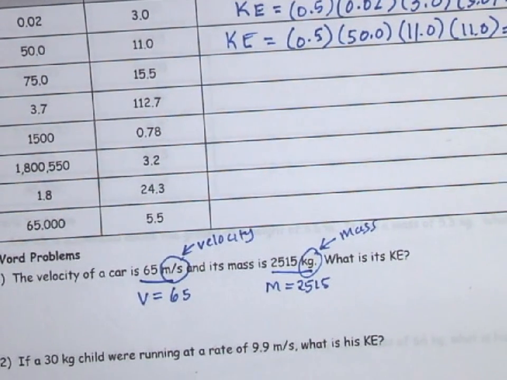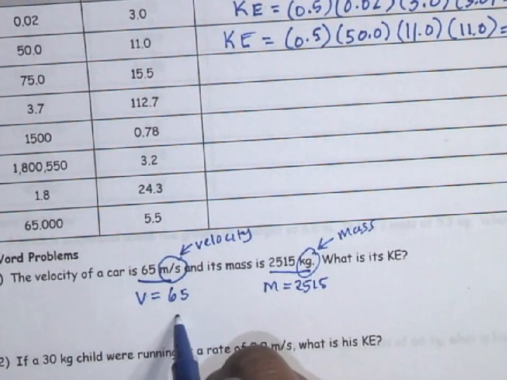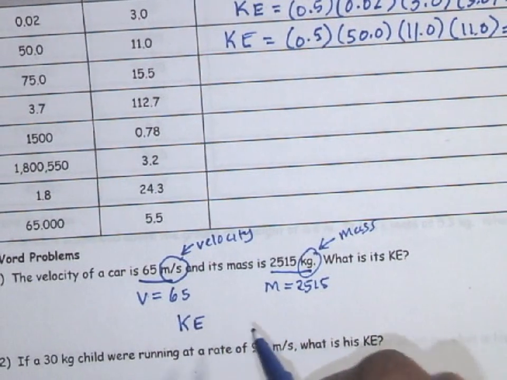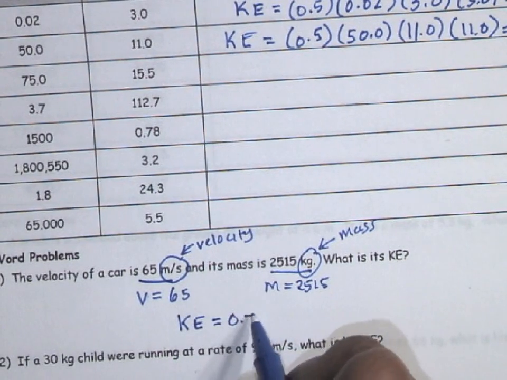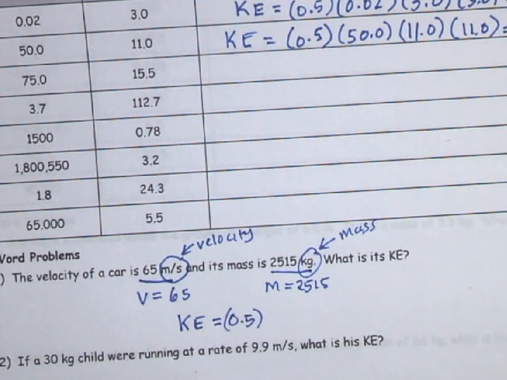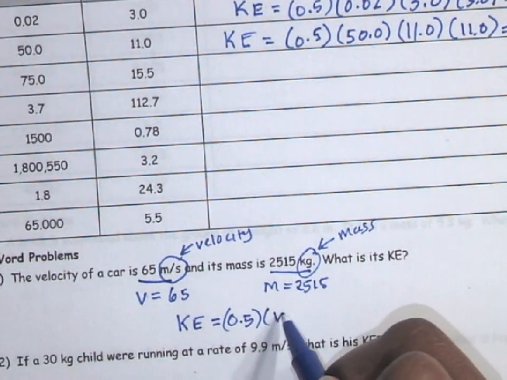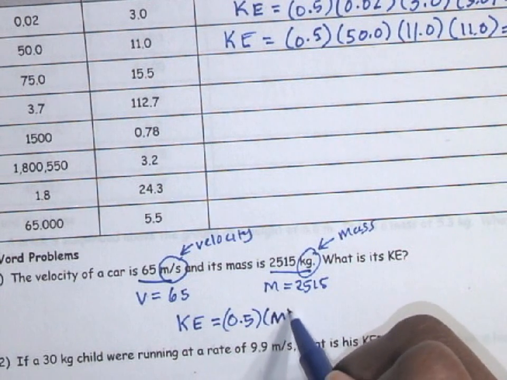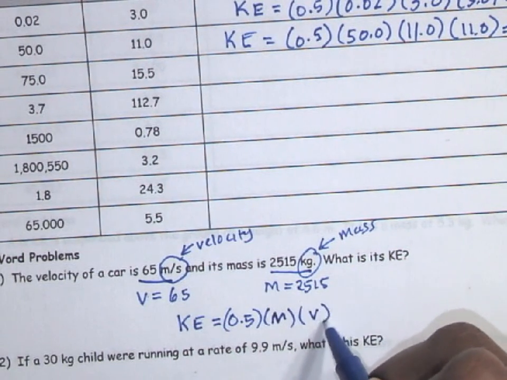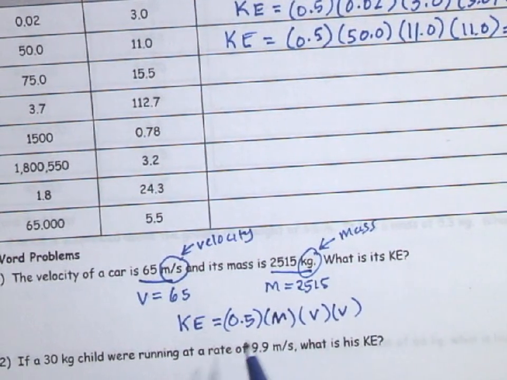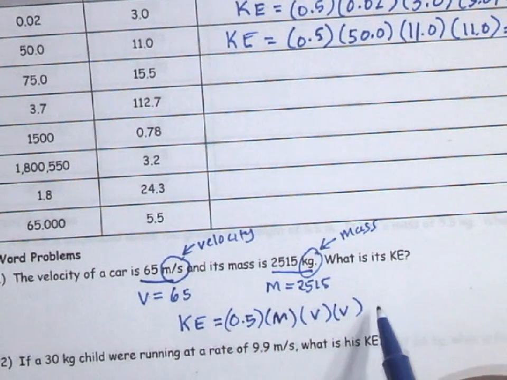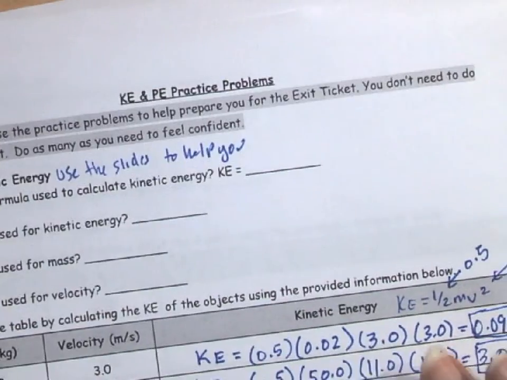Once I have those numbers, I can plug them into my equation. KE equals 1/2, which I'm going to put as 0.5 because that's the same thing, times my mass, times my velocity squared, which I do as velocity times velocity. I'm just going to plug in those numbers just like I did up here and do the calculation.